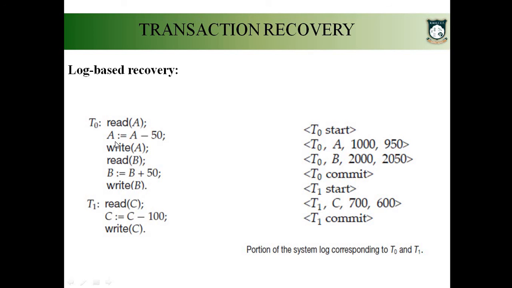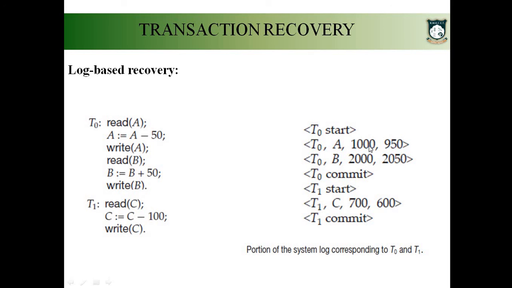Next, you have an arithmetic expression subtracting 50 from A. In the log record, you just have the information T0, A, 1000, 950. So what does it mean? In A you have the initial value 1000, and from that you are subtracting 50.